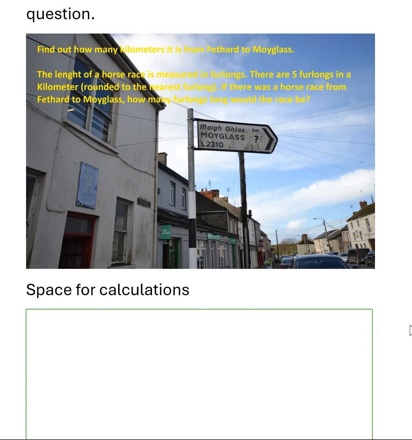Okay, so the next one then, there is a signpost from Feathered and its direction is to my glass. And it's asking you, in the length of furlongs, how long is it from feather to my glass? And it's telling you in the question that there are 5 furlongs in a kilometre.